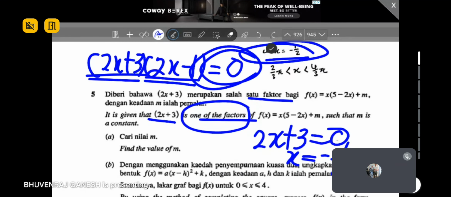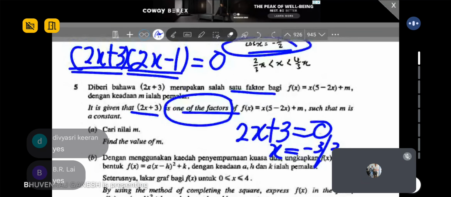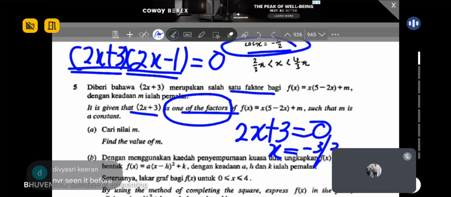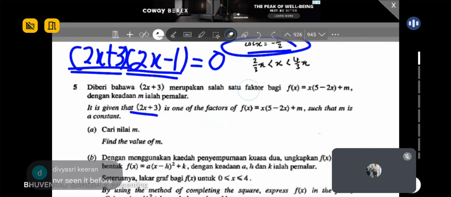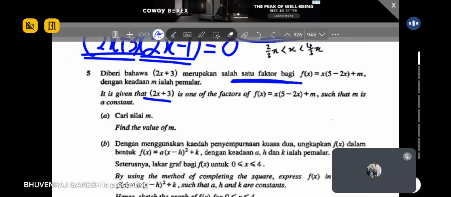Sama dengan kosong. I think it's a brand new term, right? They use it in SPM. Usually in SPM, they never use this kind of wording. It's a new style, so you guys must get used to it. Latest trend. Kamu semua I rasa tak pernah nampak perkataan faktor bagi kuadratik, so you must kena tahulah terms yang ni.